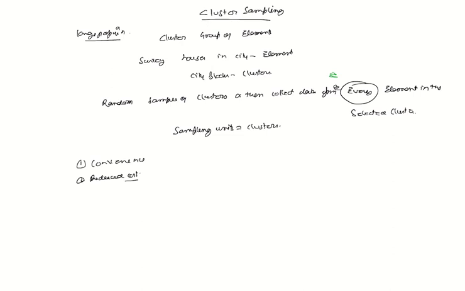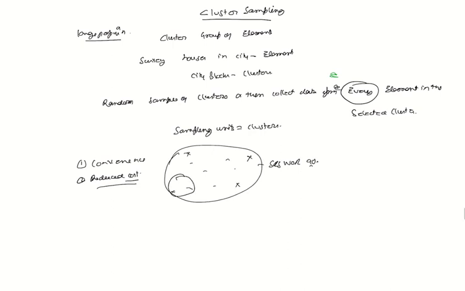And there is reduced cost also, because when you have a large population spread around, and if you collected SRSWOR for 90 units, one is sitting here, one is here, and one is here, while if you do clusters, you collect all data from this cluster and this cluster and this cluster, it would be much cheaper to do that.